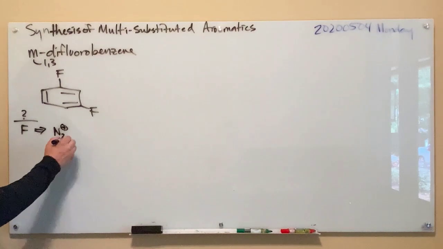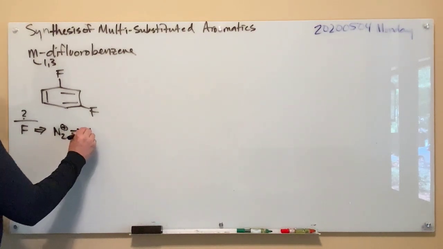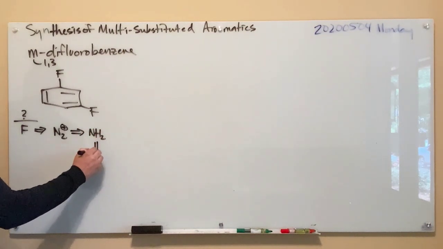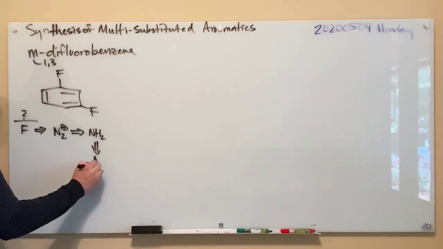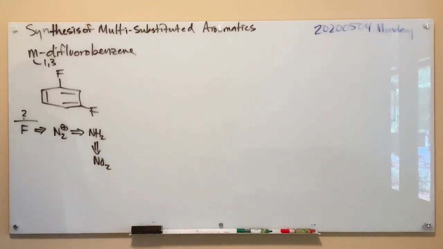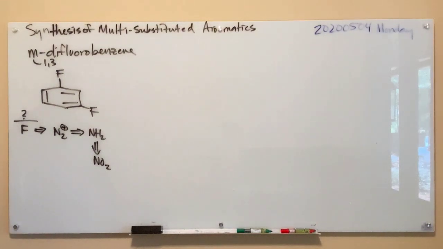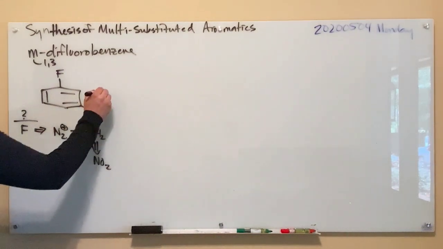The diazonium in turn comes from the amino substituent. The amino substituent in turn comes from the nitro substituent. And so we know how to get nitro onto the ring, and so that's what we're going to start with.